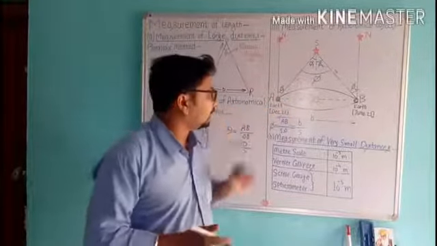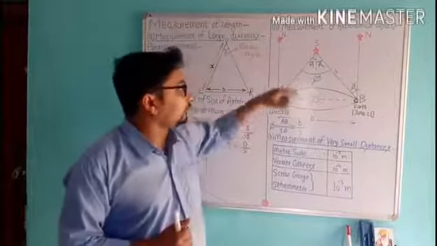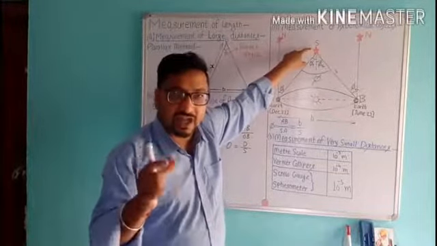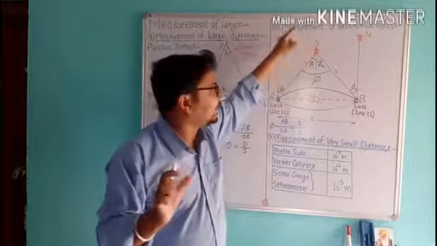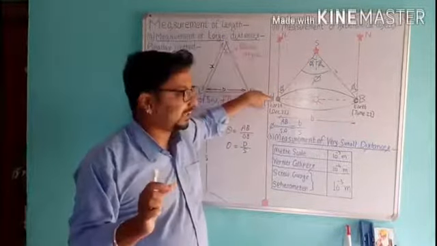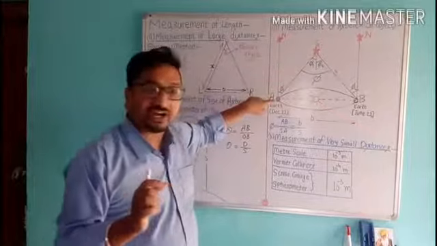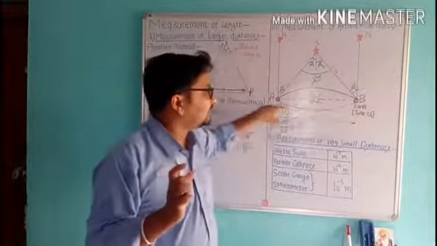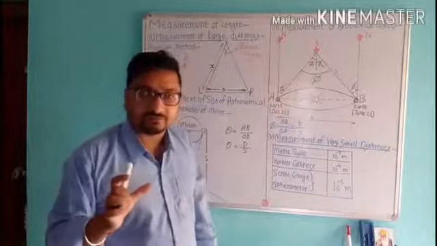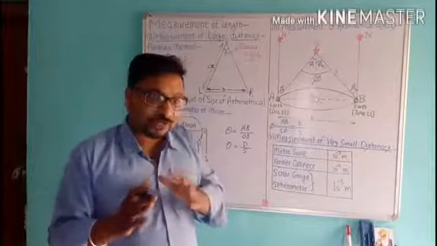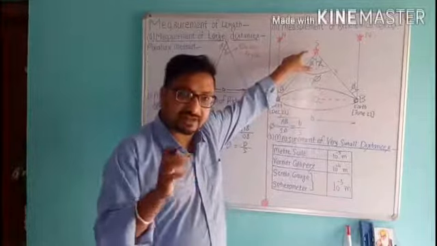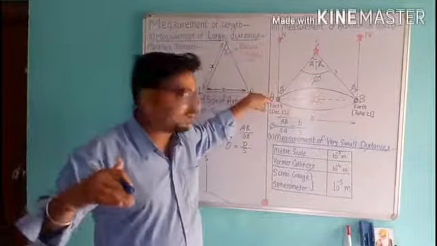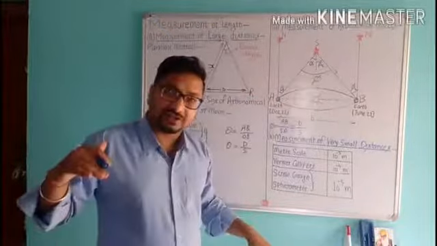Now consider the position of this star S as the origin, the center of a circle, SA as the radius of the circle, and AB as an arc of the circle.